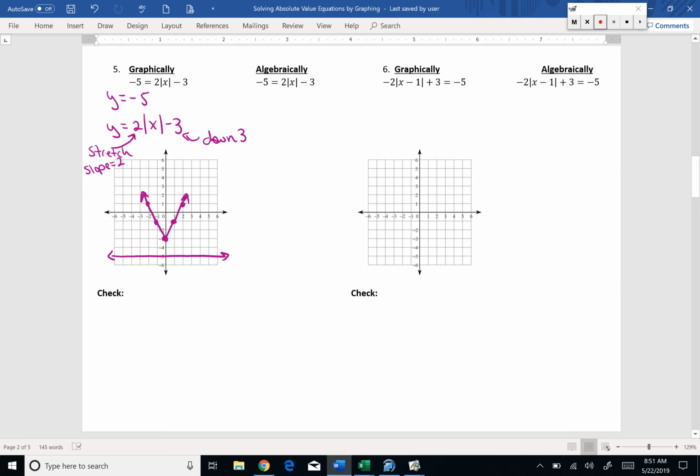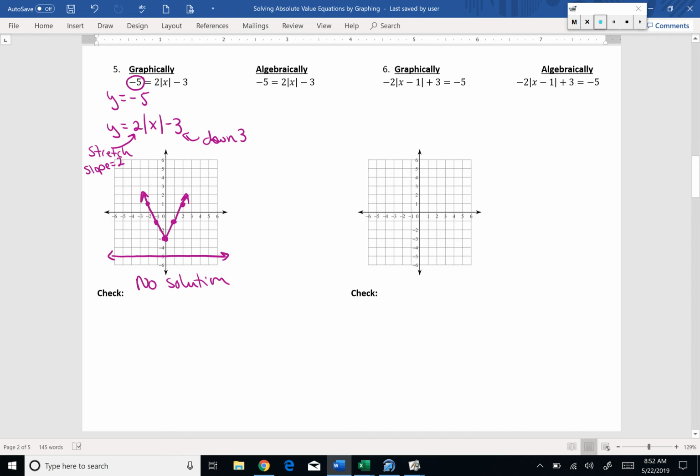What happened on this one? Do we intersect? Yeah, so we've got a no solution. Now remember, it's not just because it equals a negative over here. Number 4, the one we did right before this, equaled a negative, and it worked.